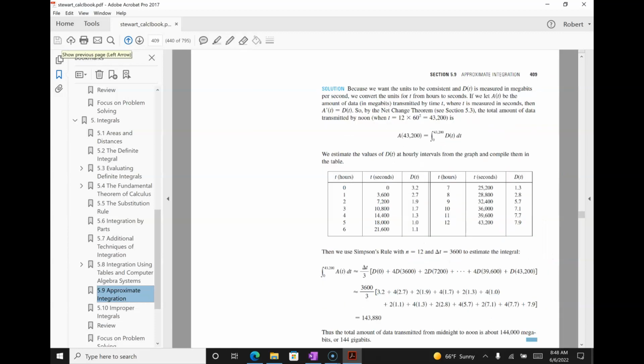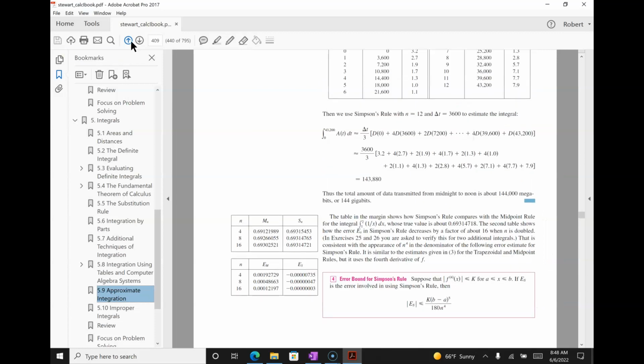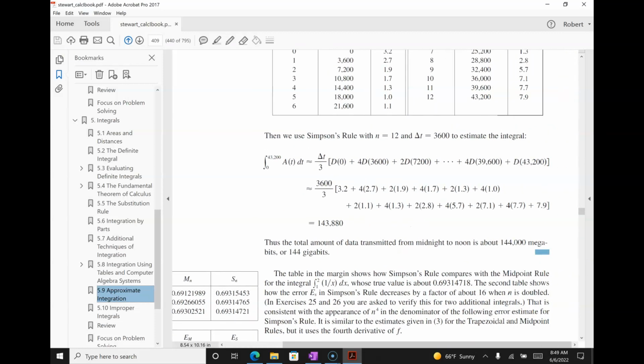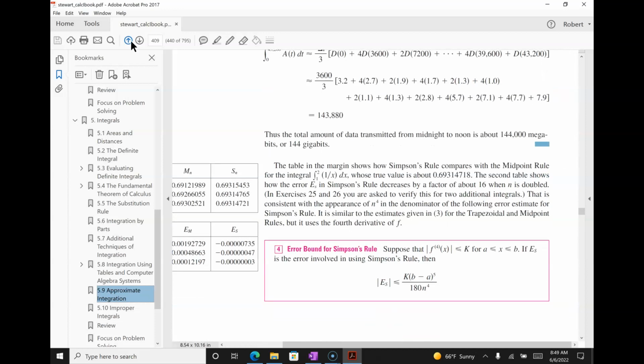And the interesting thing is, what is k?